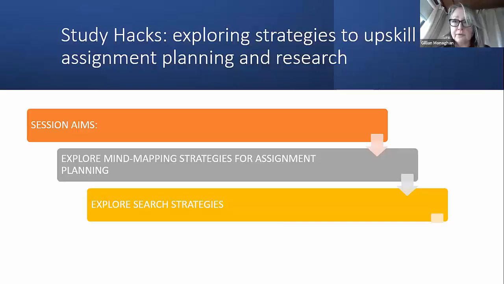I'm going to deliver that first part, and then I'm going to hand over to my colleague Chris, and he's going to explore search strategies, particularly looking at internet search strategies.